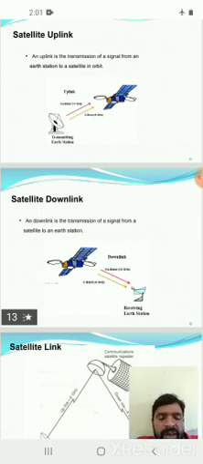These are called downlink frequencies or downlink signals. Here the Ku band is 12 GHz for downlink and the C band is 4 GHz for downlink frequency.